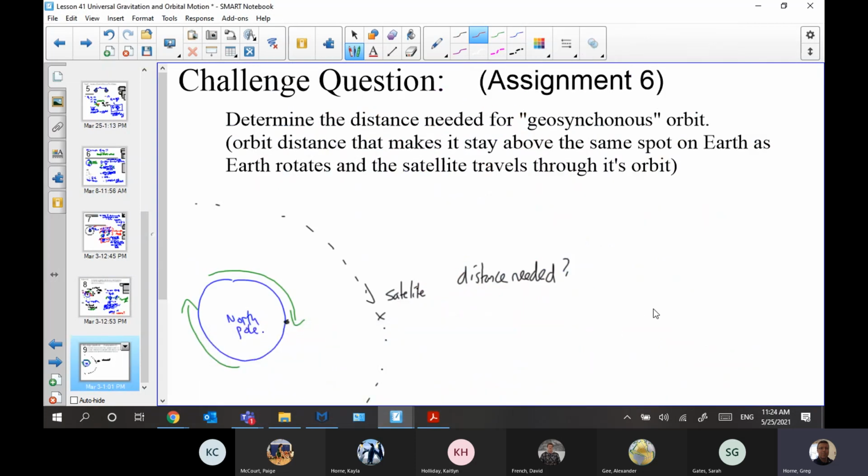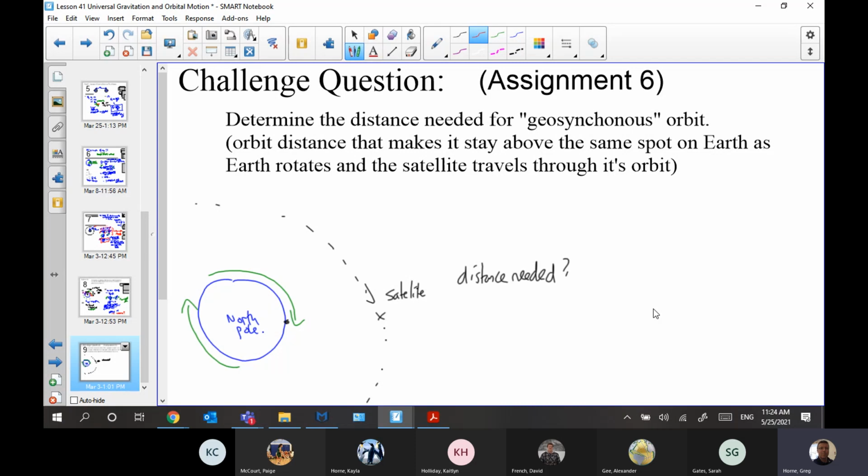This one here, again, seems like a harder question than it really is. At first glance, you may be like, how the heck would you do this, right? But I just need you to describe what geosynchronous orbit is, and then calculate the distance needed for that. If we're looking at Earth from above, this is the North Pole. So we're viewing Earth from above, from our point of view, thinking that we're the top of the world rather than poor Australians being at the bottom.